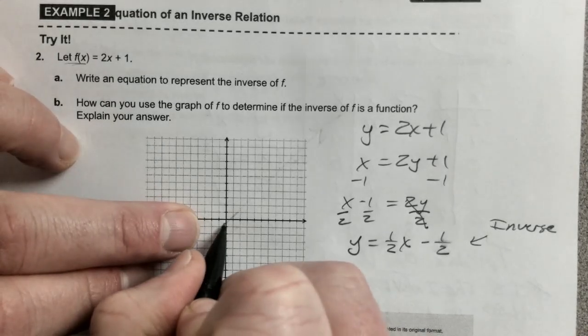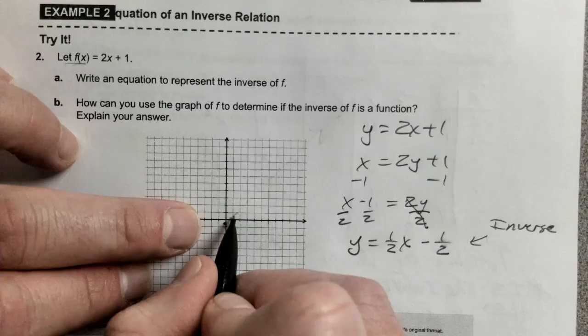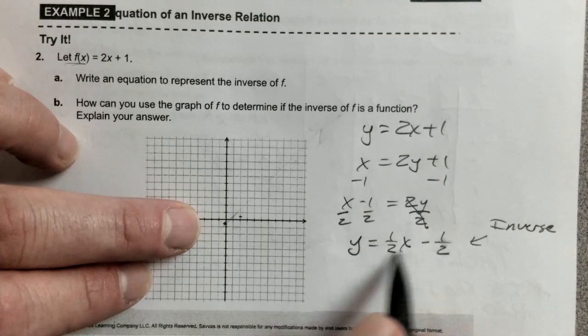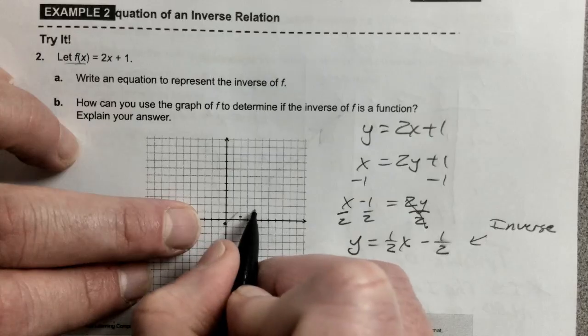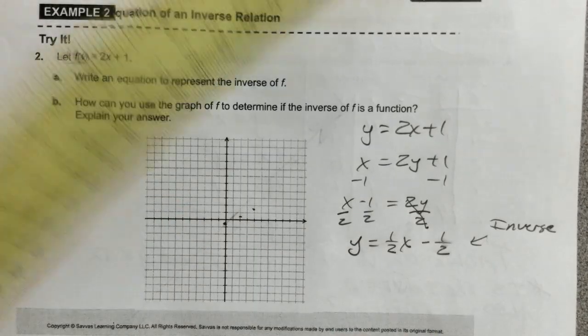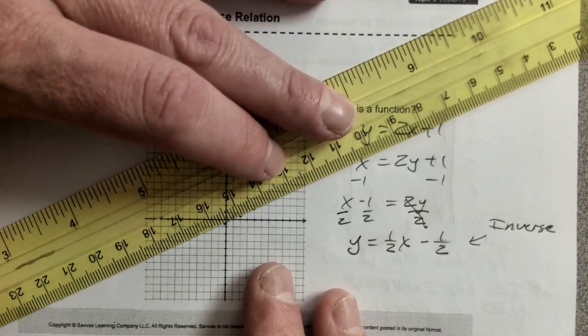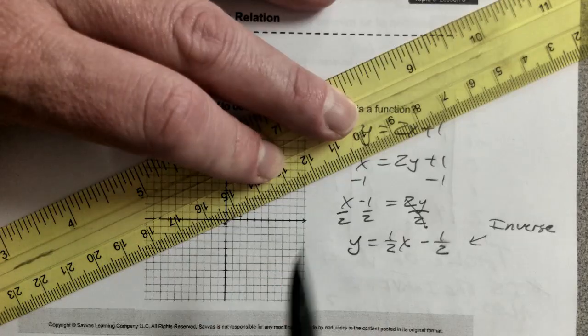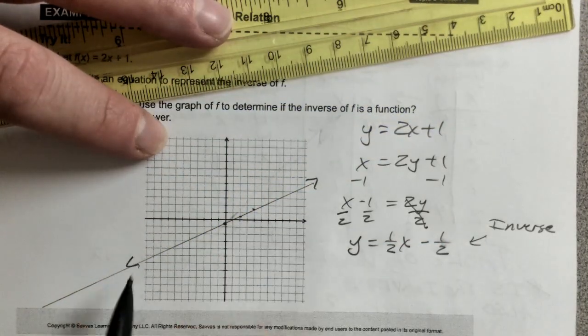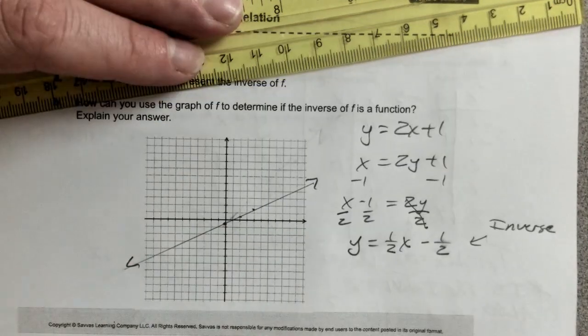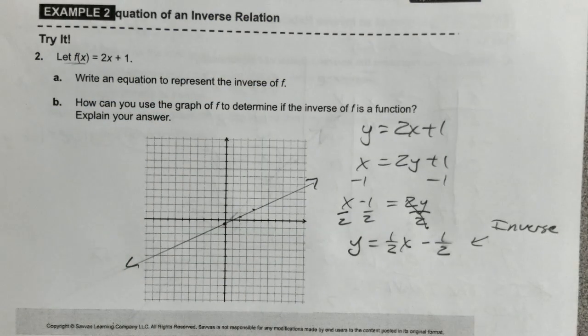We start at negative 1/2, we go up 1, and to the right 2. 1/2, rise over run. Up 1, right 2. There you are. Okay, that's a lot better.